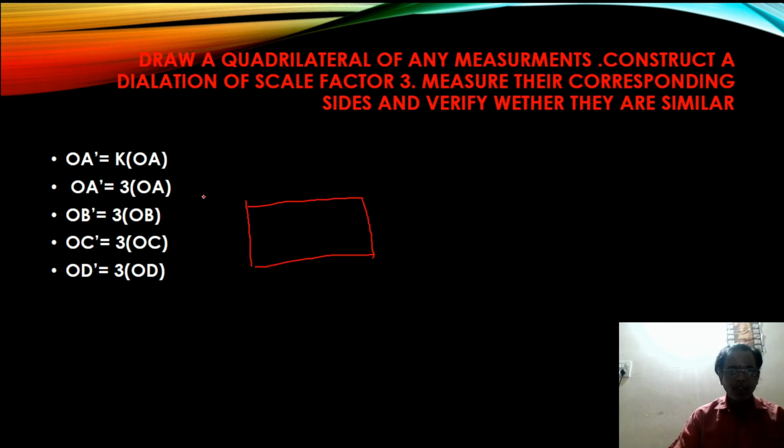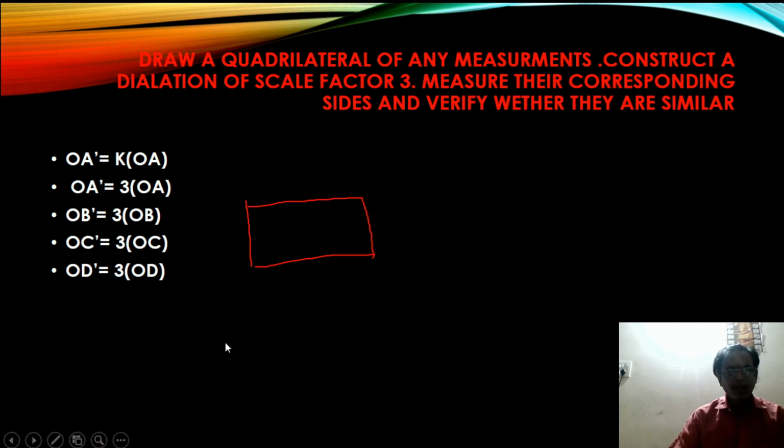But here we have to stretch it out. That means we have to make this rectangle ABCD into a bigger structure by using the scale factor 3. So the original sizes must be multiplied by 3.